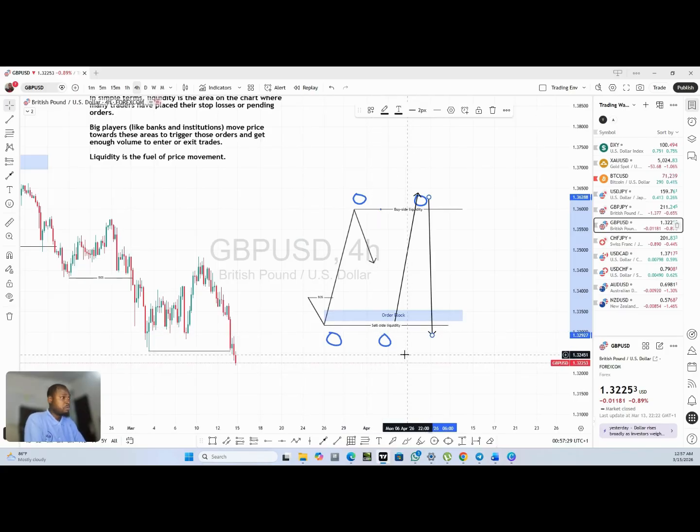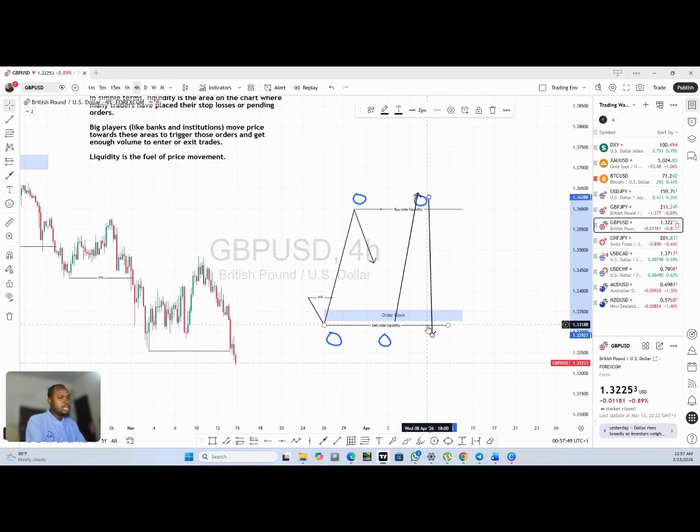Somebody might be confused. Why do you name this buy side and why do you name this sell side? Because here is the buyer's zone, right? So why can't this be sell side liquidity and this buy side liquidity? No, that's not how it works. We name this buy side liquidity because it is buyers that will come and eat this liquidity.